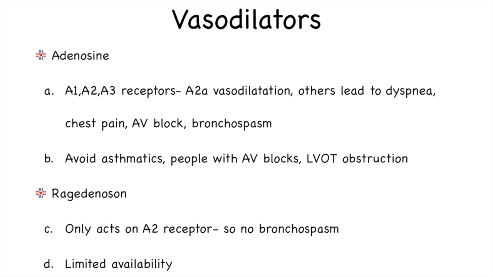It is known to have side effects of dyspnea, chest pain, and AV block with some bronchospasm due to its involvement of the A2A receptor. It is imperative to select the right kind of patients before giving adenosine. We avoid patients who are asthmatics, people who have AV blocks or LVOT obstructions.